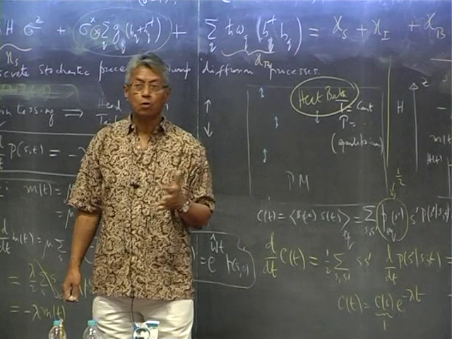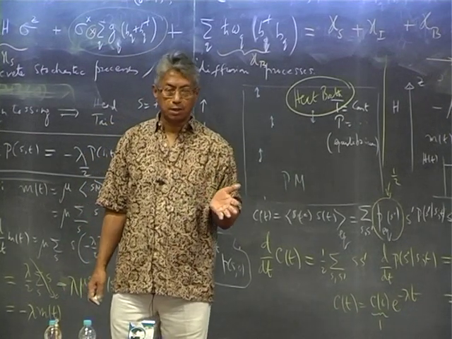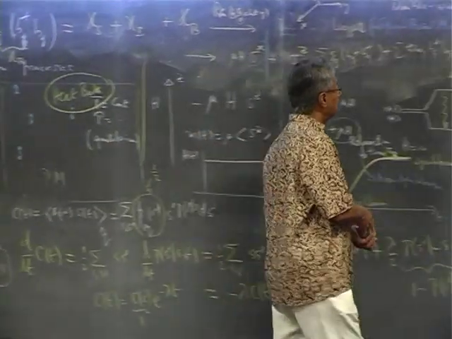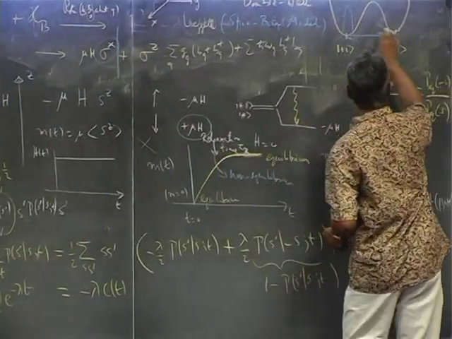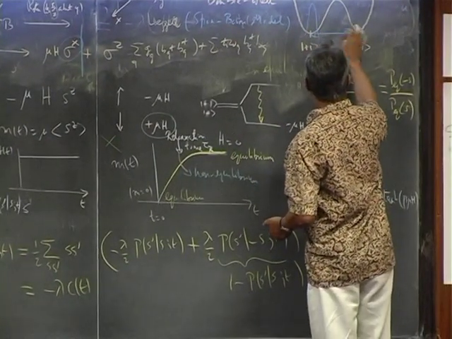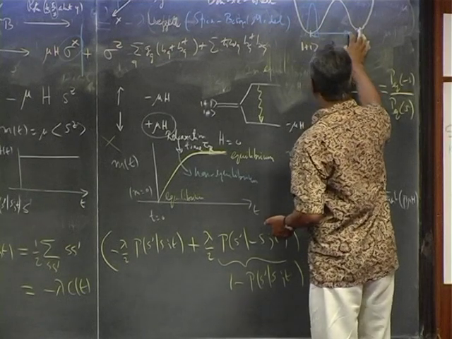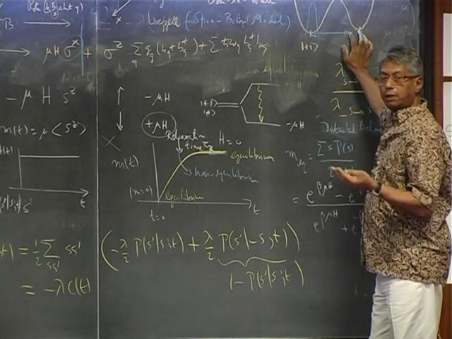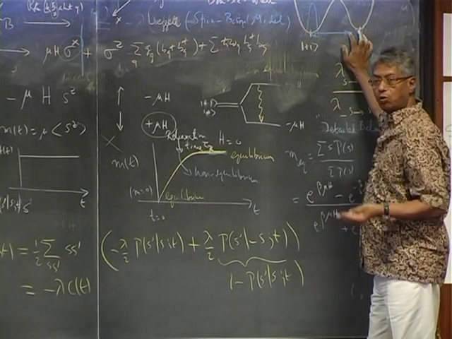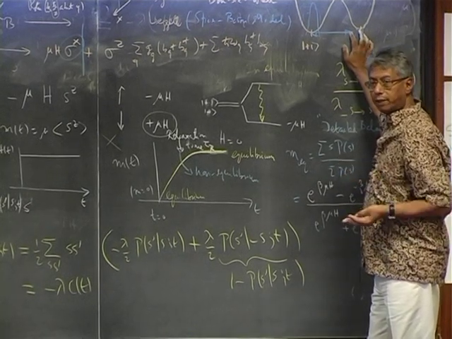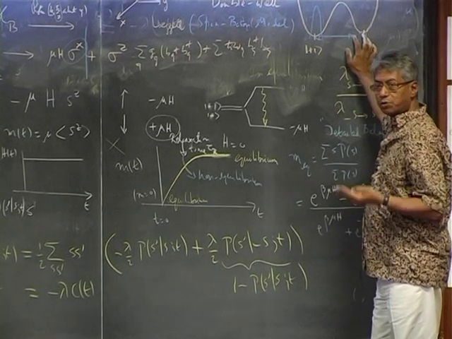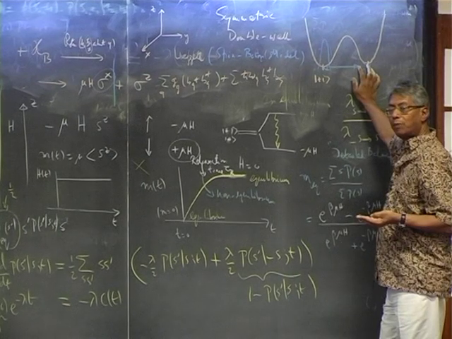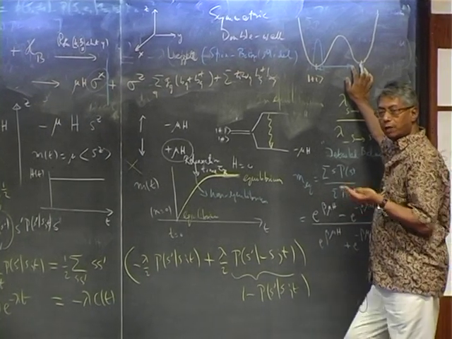if you use this ohmic dissipation, which is what is appropriate, then there's a very interesting situation that, as I said, there is a coherence phenomenon of a clock going back and forth. But now you think of jacking up the strength of this noise, that is the strength of the coupling, which comes to the spectral function. Remember, the spectral function for the ohmic model has this omega behavior.